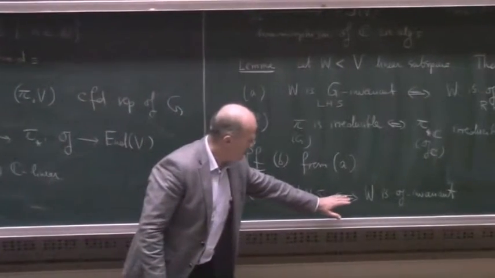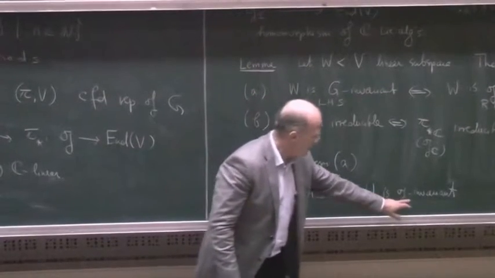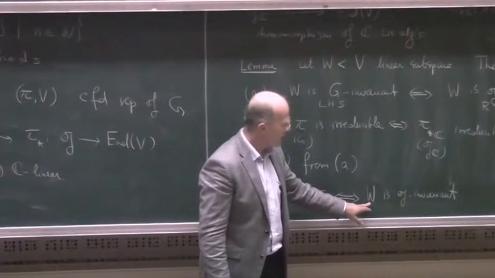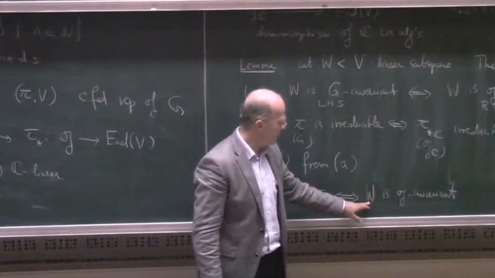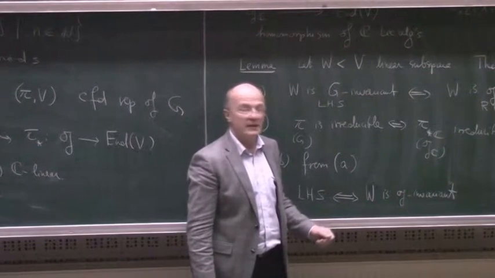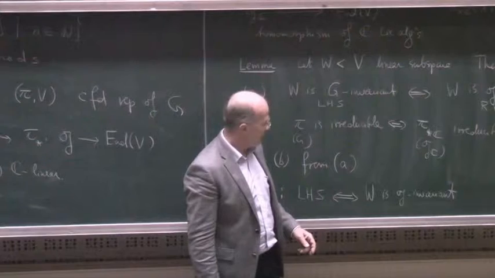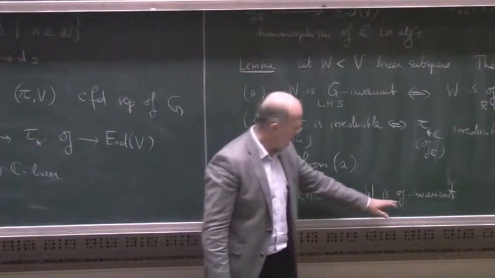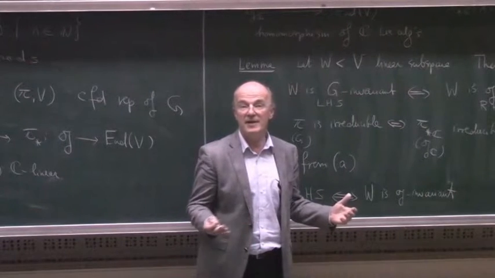But if we have this equivalence, then the fact that W is G invariant automatically is equivalent to the statement that W is GC invariant. Because if we have an arbitrary element of GC, then it can be split in a real and an imaginary part.